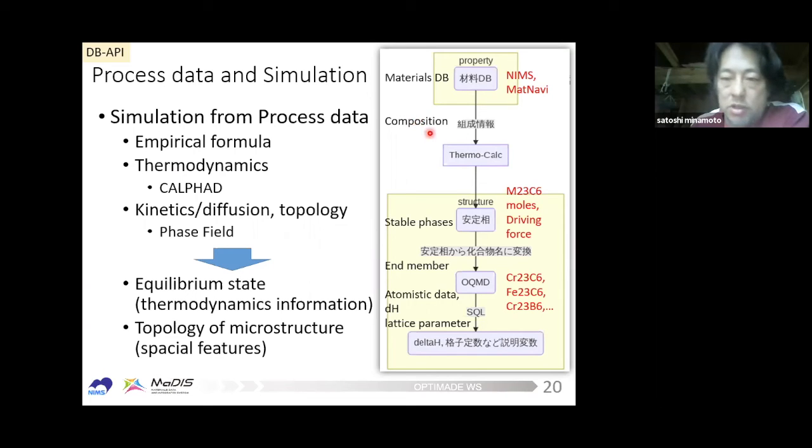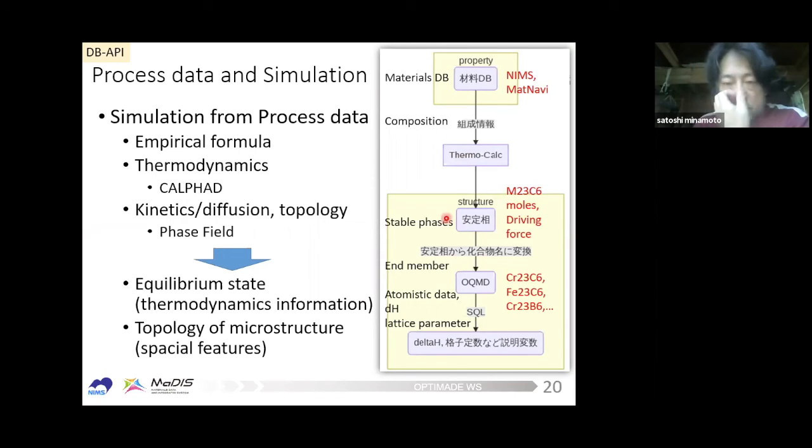After that, of course we can calculate, for example, equilibrium states: what kind of phases are existing, and how much of the phases. If you understand such information, for example, here's M23C6 carbide, we can understand the moles or driving force from the carbide calculation.